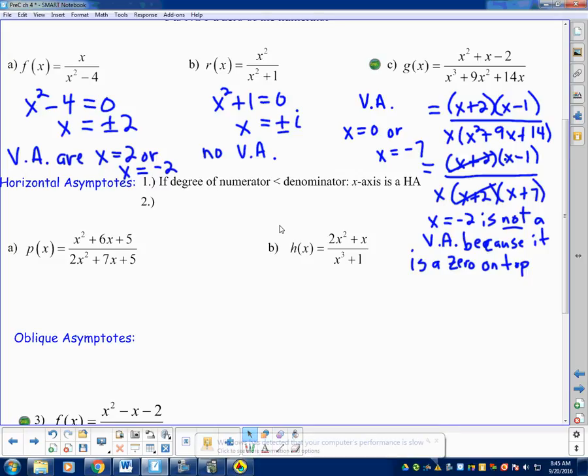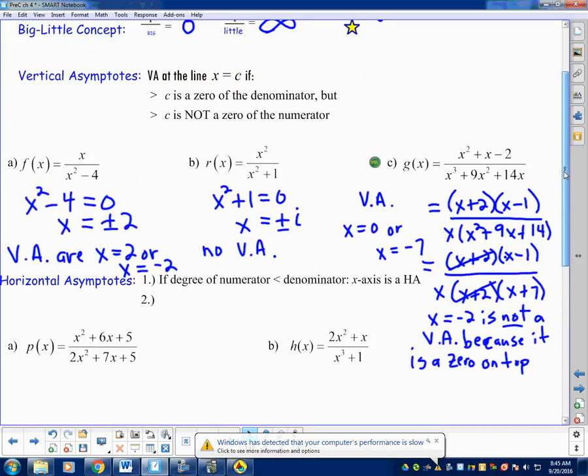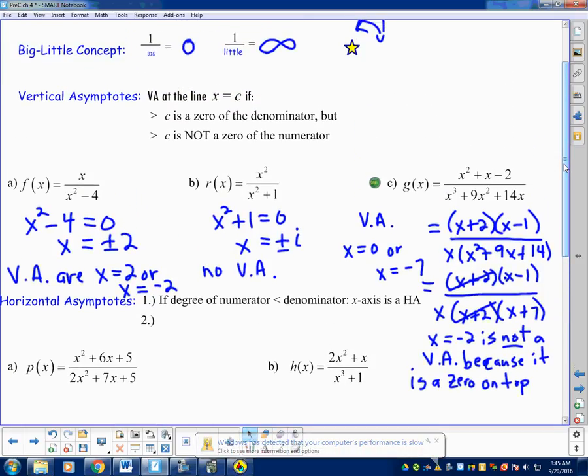The reason for that is that concept of 1 over a bigger number. In other words, if I were to think of this in terms of x getting really large, this -4 makes no difference. If I take infinity and square it, I have infinity. If I subtract 4 from it, it makes no difference, really.